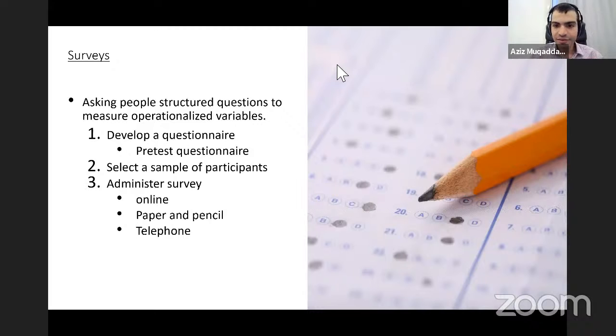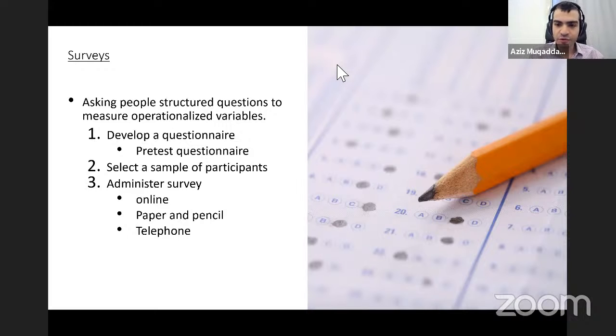run it, either online, which is the most common form nowadays, or back in the day, you would get a survey in the mail and fill it out with paper and pencil. Or there are telephone polls, which are not as popular as they used to be back when landlines were the main method of communication.